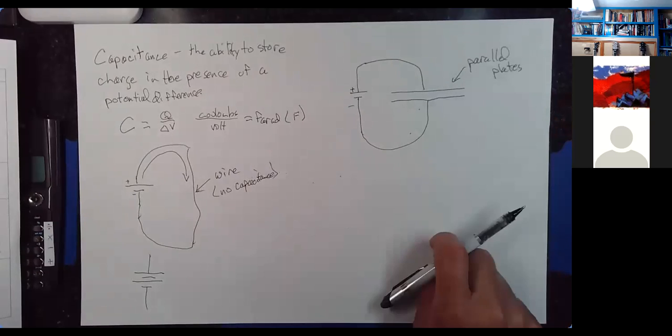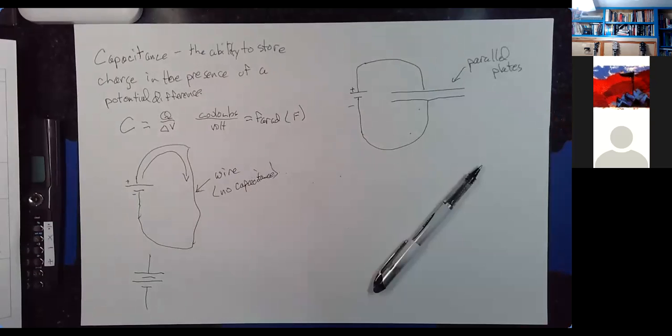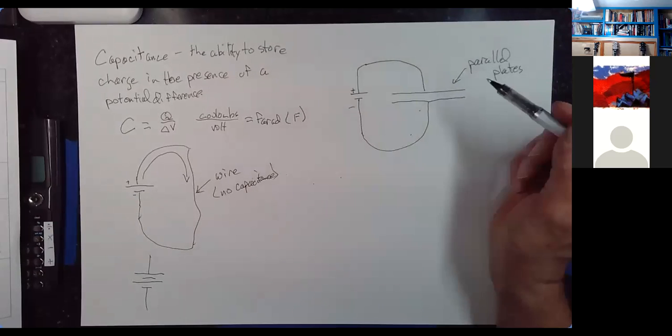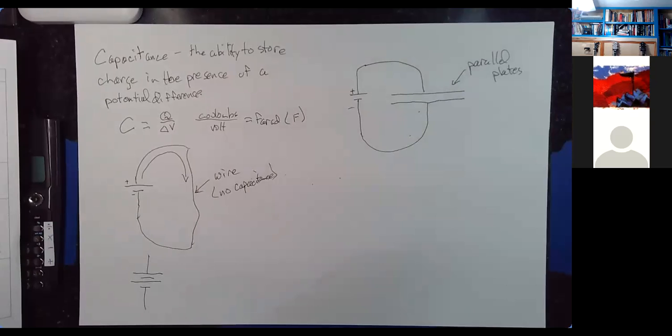And so, in fact, the most basic design of a capacitor is called a parallel plate capacitor. And nearly everything else is just sort of an application of that, although you have to get kind of clever with it, because parallel plates by themselves are pretty hard to have very much capacitance with.